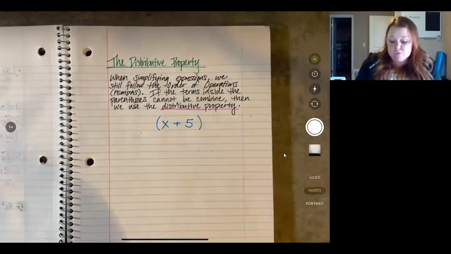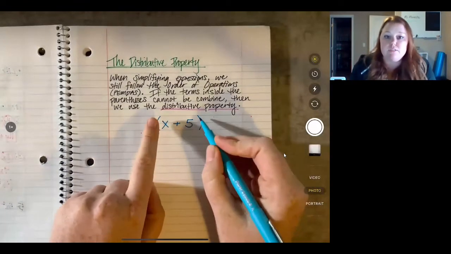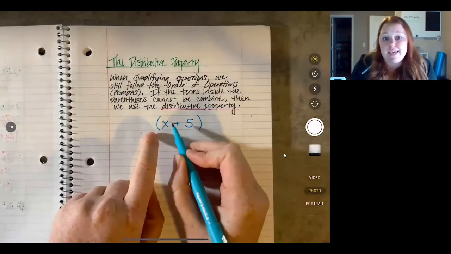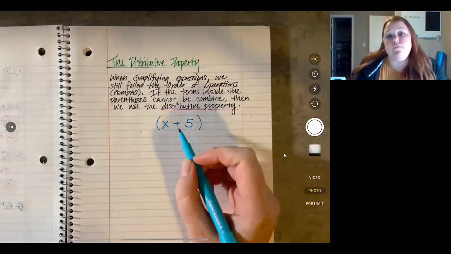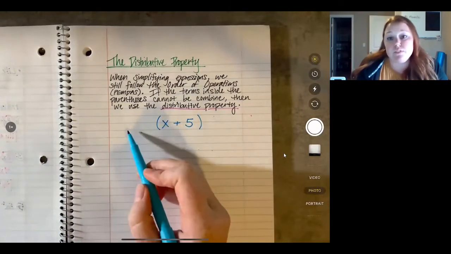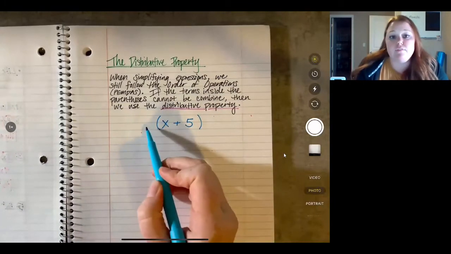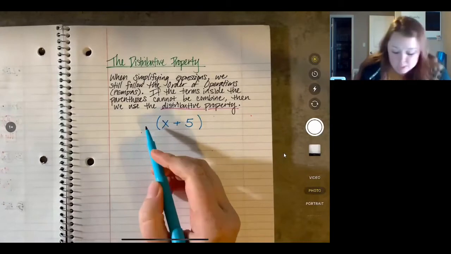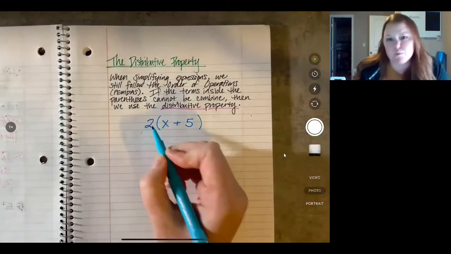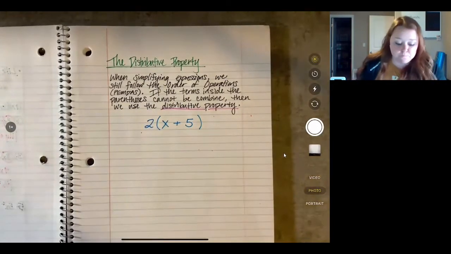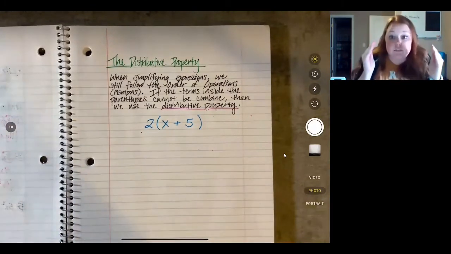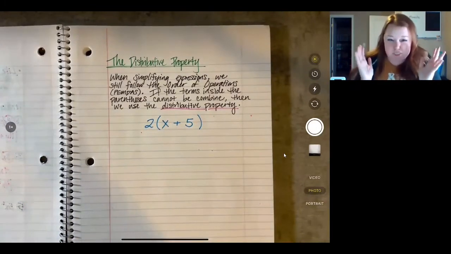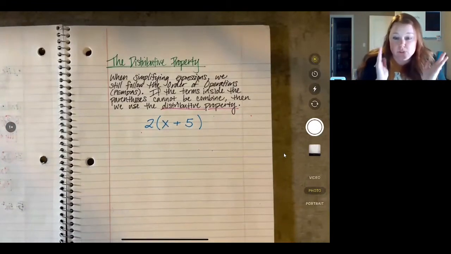So if you come into a situation where you've got some parentheses and the stuff inside it can't actually be combined, then what you look for is to see if there is a number or some sort of symbol out front of the parentheses. Let's say there was a positive 2 out there. Now that 2 is right next to a set of parentheses. So what is that 2 doing?